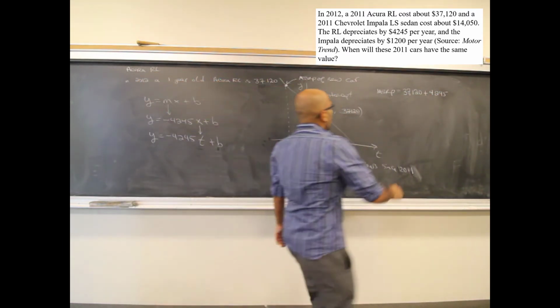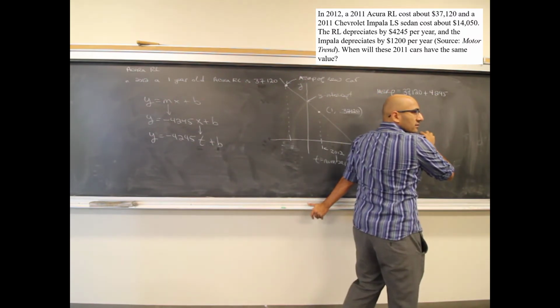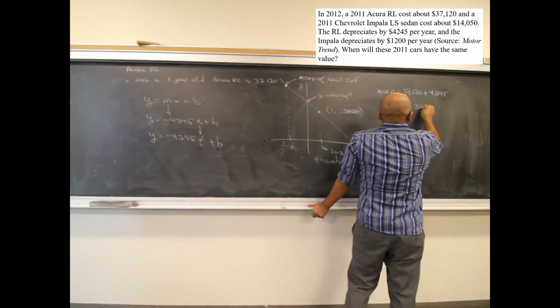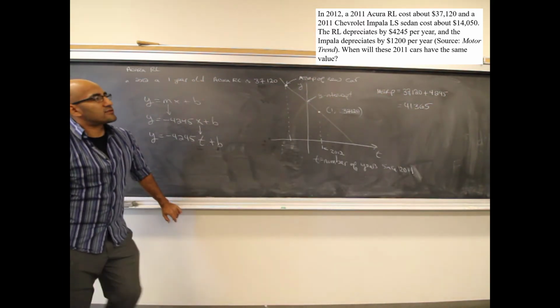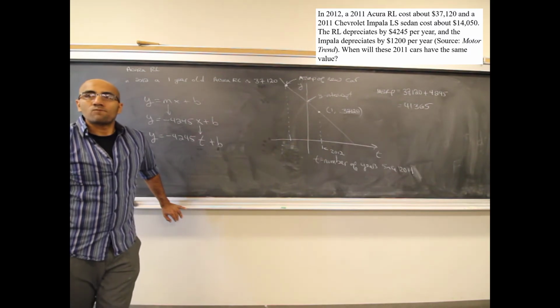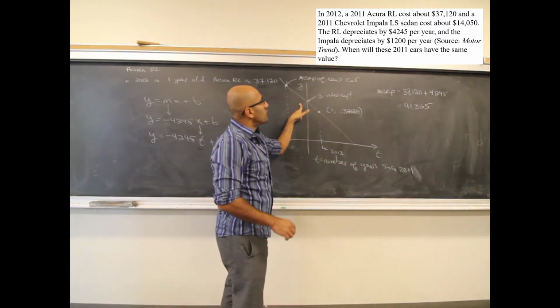Right? So that takes us to what? $41,365. That is the intercept. Good? Okay, that's one way to do it.